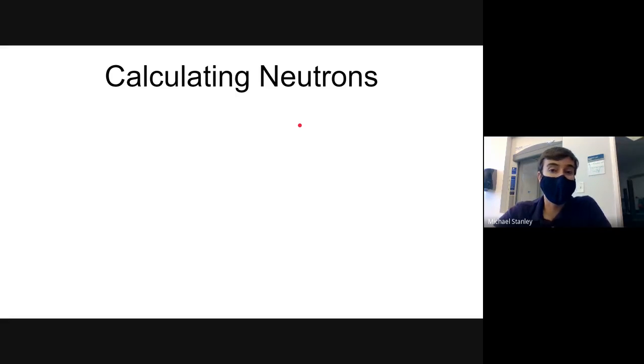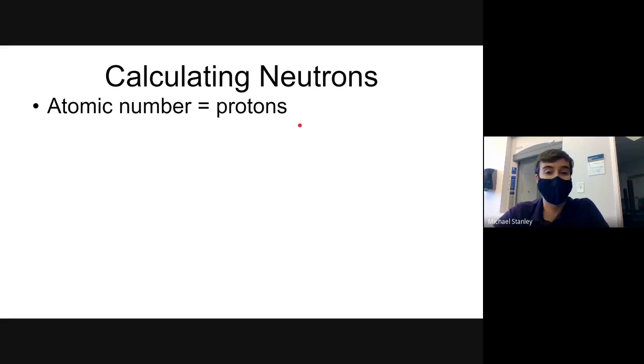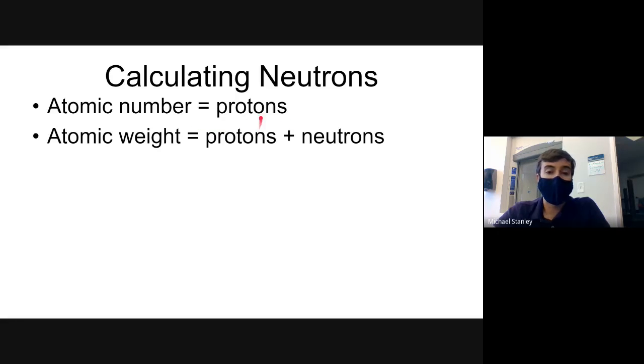I mentioned earlier, when we were talking about protons and neutrons, that if you take our protons and our neutrons and add them together, they'll give you the atomic weight. So the atomic weight is mostly made up of how many protons and how many neutrons are in your atom.